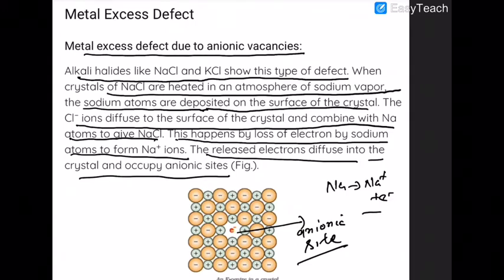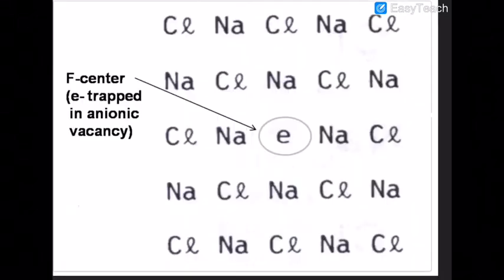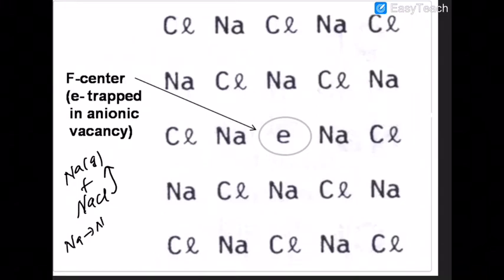Look once more at what happens if you take NaCl in presence of sodium vapors. Some chloride ions will go towards the sodium, and there Na will lose one electron.